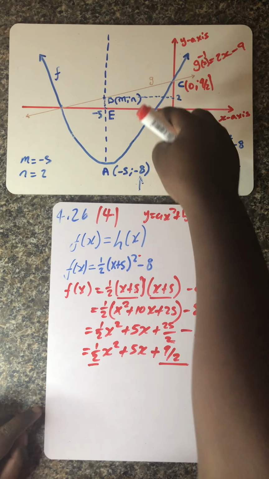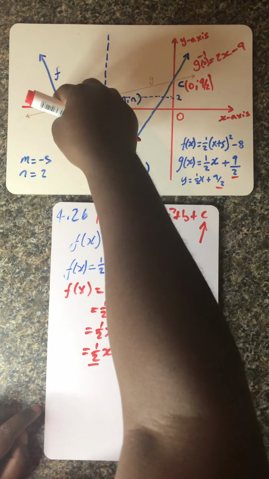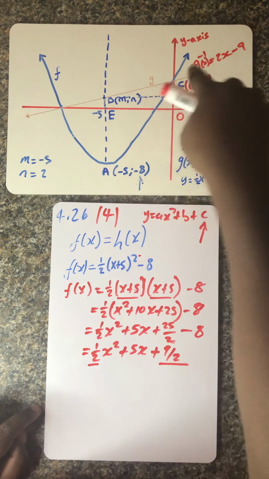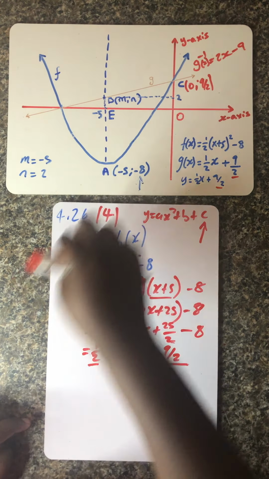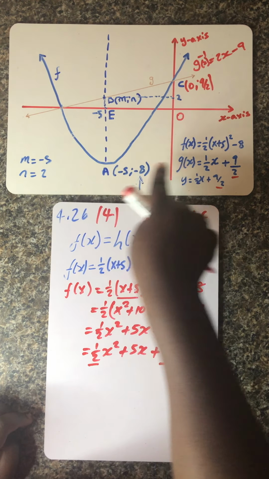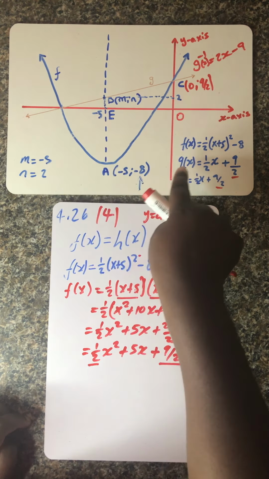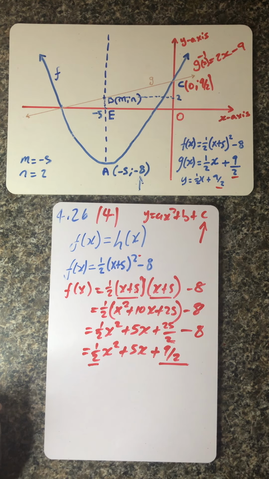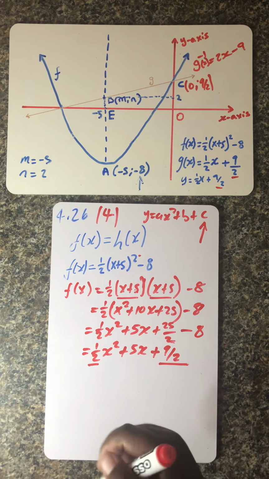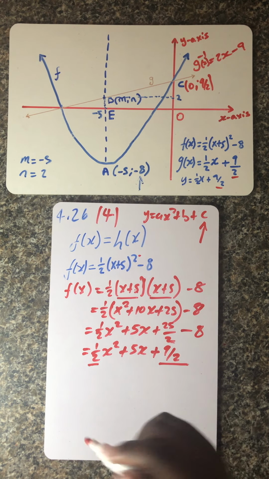That means you must know the x-intercepts of that graph. You add them together, you divide by 2, you get the axis of symmetry. You use that axis of symmetry to substitute in that equation to get the y value, then that y value is the turning point. Then you can say y is greater than or equal to that y value. That's how you give the range of a function.